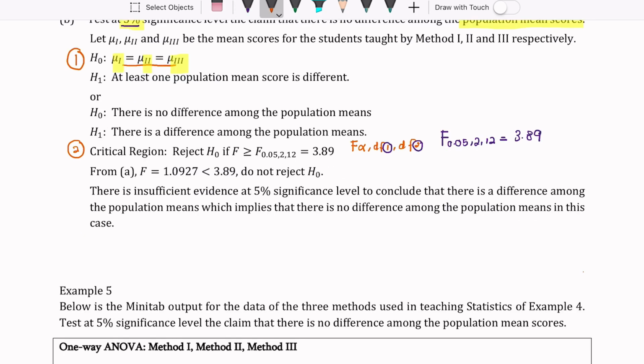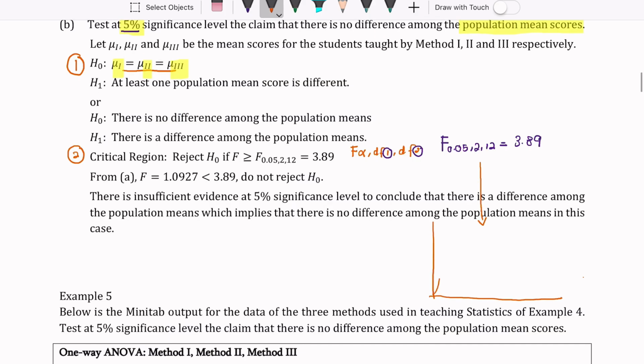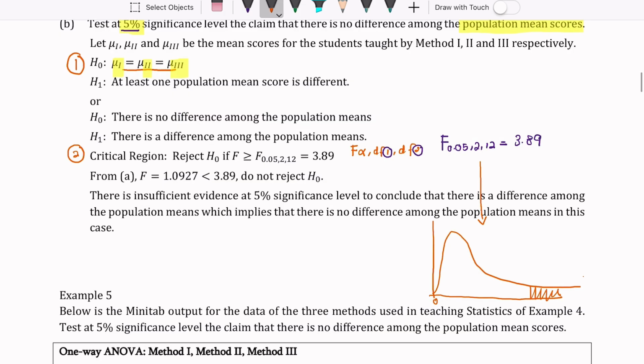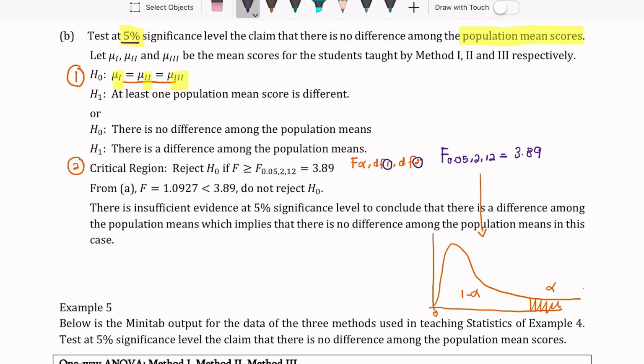If we explain this with an F distribution figure, then we have this kind of figure. We have the value of 0 here, and we have the alpha at the right here, 1 minus alpha here. Remember that the one-way ANOVA test is always right tail with the rejection region in the right. And this is the non-rejection region.